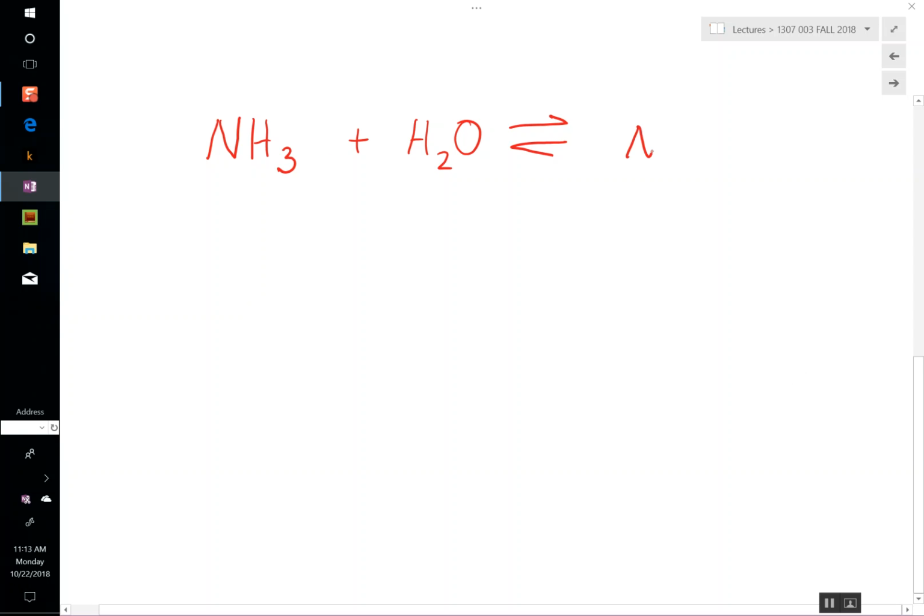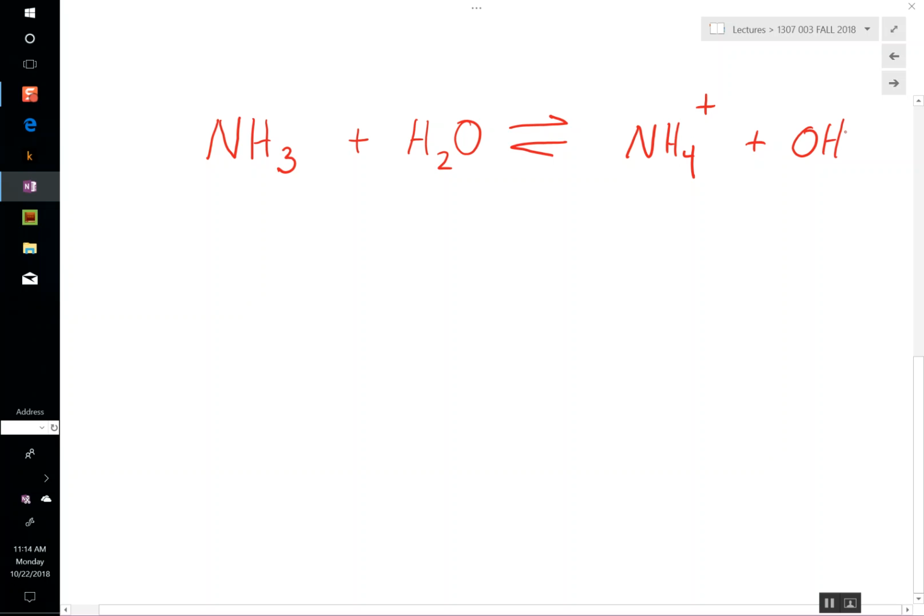The ammonia actually attracts a hydrogen off of the water. All right, so you got H2O over here, and the ammonia is a proton acceptor. It's accepted that hydrogen off of the water. So what's left? OH.